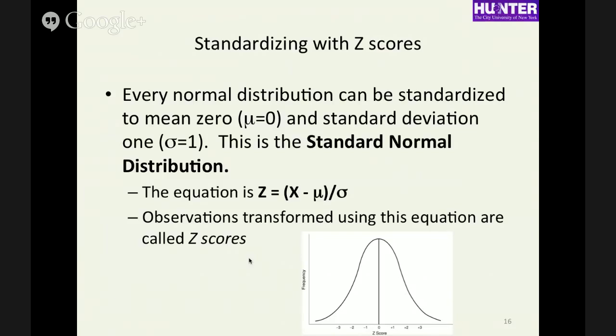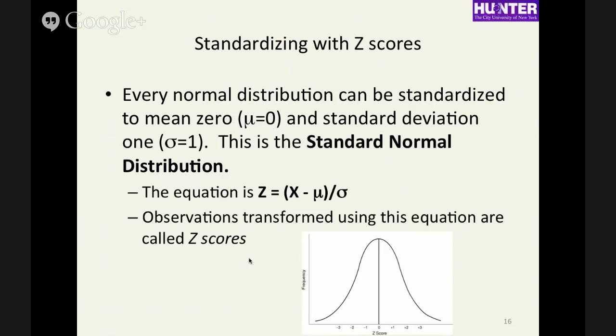So as I mentioned, standardizing with z-scores. This is what lets you compare the relative position or probabilities from two different normal distributions.